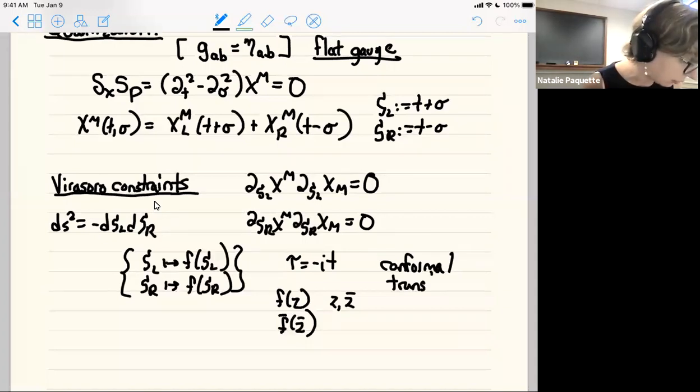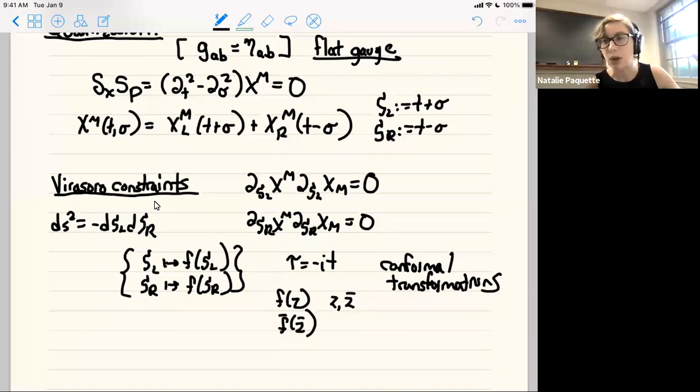So I have some leftover conformal transformations, and since these diffeomorphisms only act on one variable, zeta L or zeta R, z or z bar, again, that's emphasizing that they're not generic in the space of reparameterizations. They're quite special. Indeed, they're a set of measure zero, and that's how they got around our counting argument earlier.